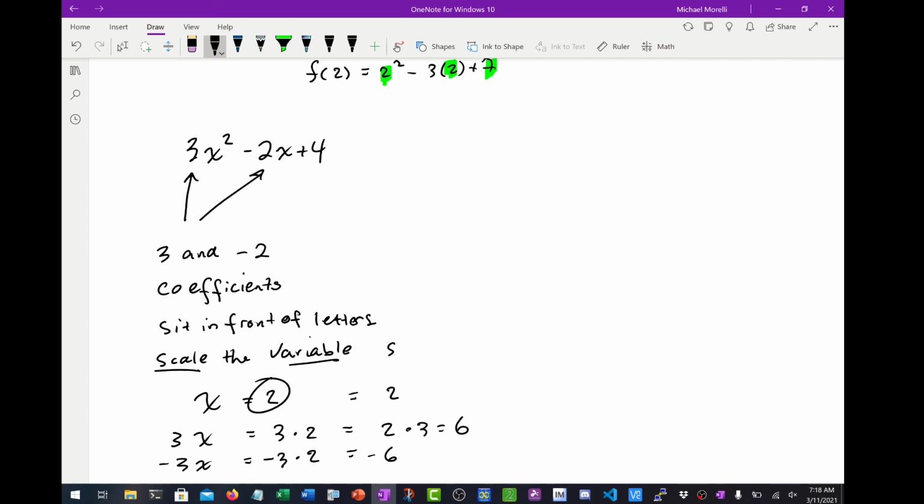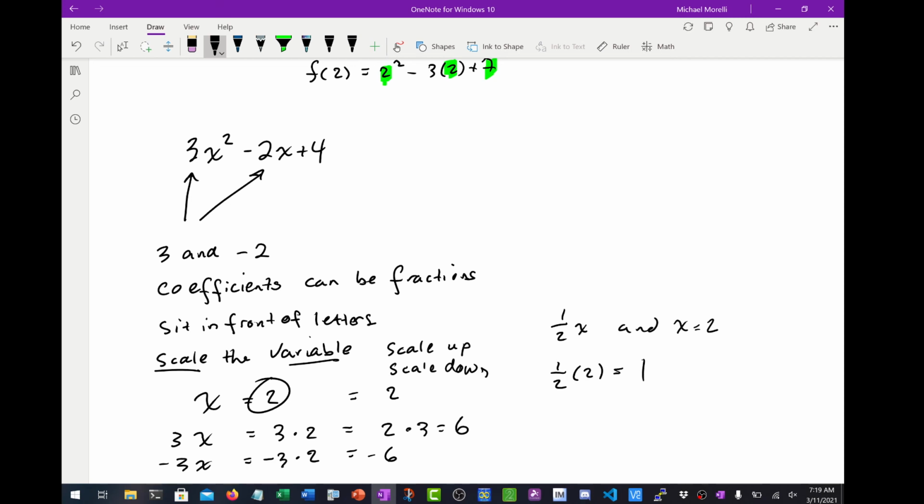So you can scale up, and you can scale down. Coefficients can be fractions. Okay? So just be aware of that. It could be 1/2 x, which would mean that if x is 2, then you'd have 1/2 times 2, which would be 1.